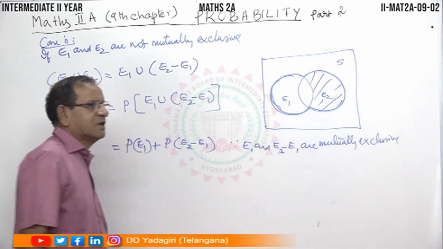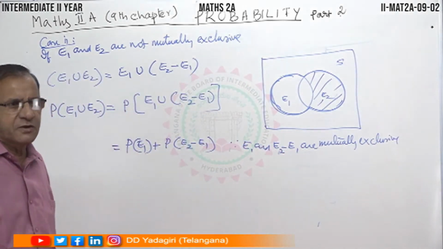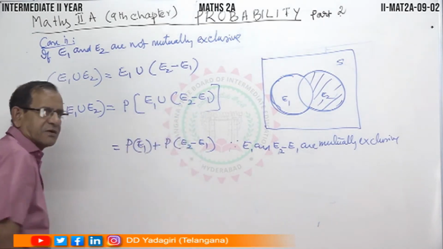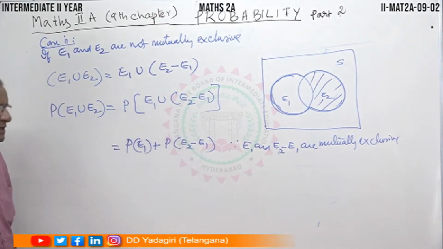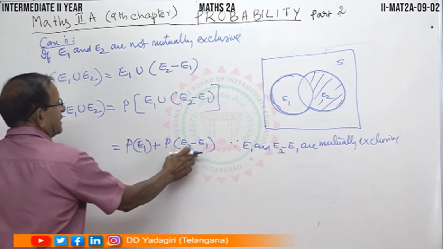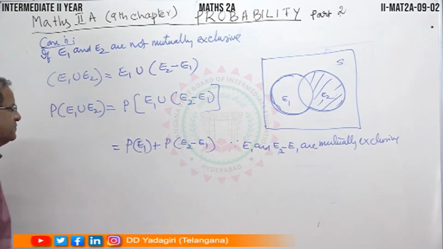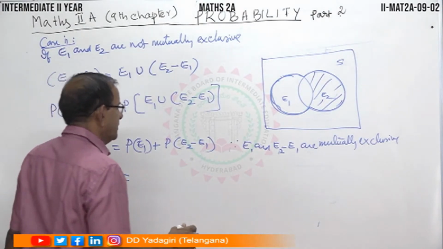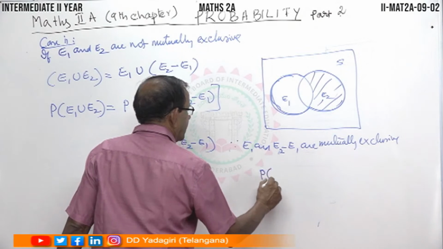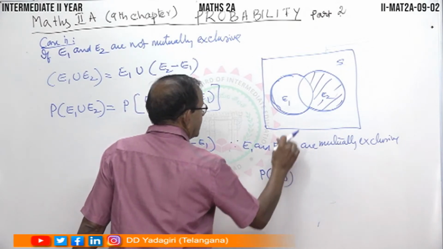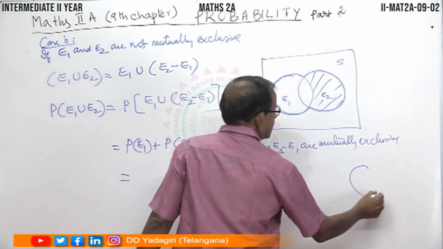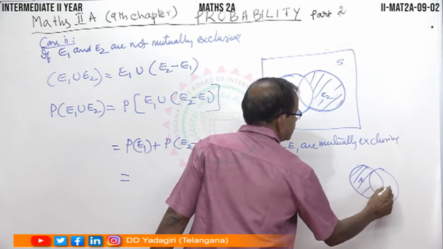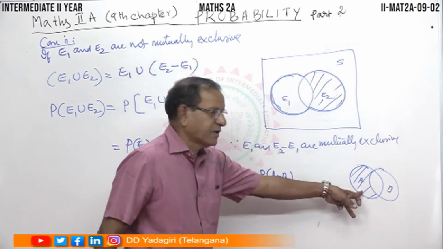Whenever two sets A and B are mutually exclusive, P of A union B is P of A plus P of B. This is A and this is B. And they are mutually exclusive also. Now we have to change P of E2 minus E1. This is equal to, as I told you previously, P of A minus B. This is A and this is B. A minus B is this part.